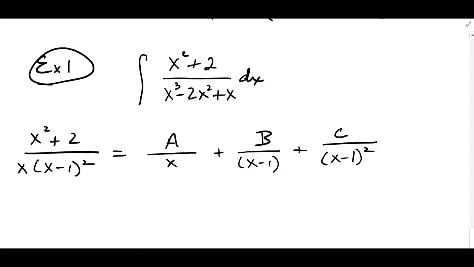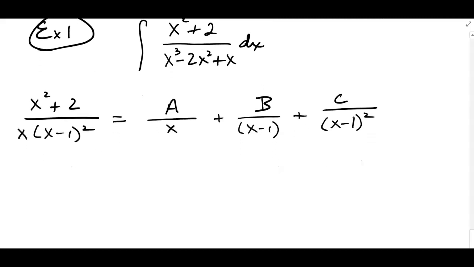I'm going to do the decomposition out of the integral, and then we'll put it back in. So now I have to think about this fraction, a over x plus b over x minus 1 plus c over (x minus 1) squared.